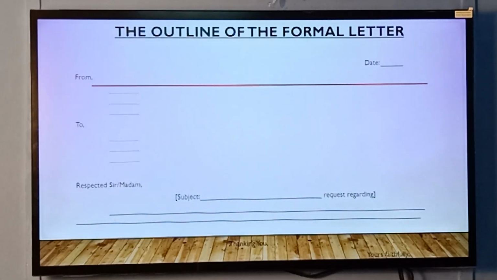Now comes the outline of the formal letter. As I told you, the date should be written on the right hand side top corner. Next, the from address.